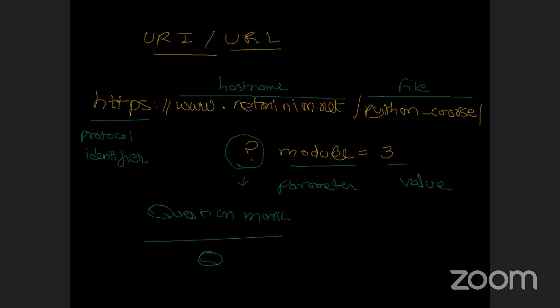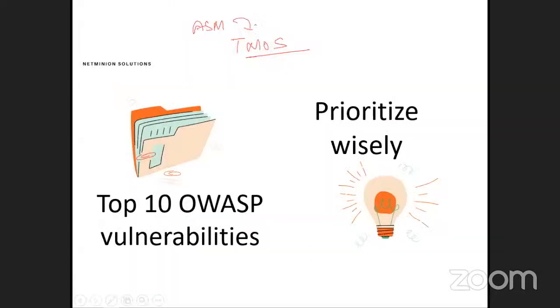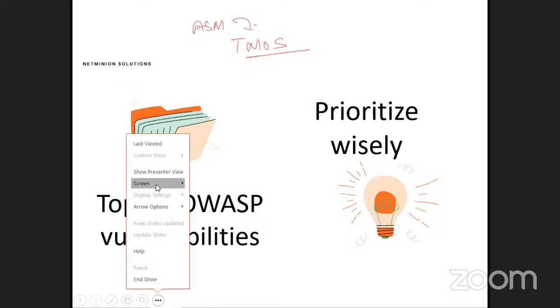This is known as the query string. So as an ASM engineer, or if you are securing HTTP or HTTPS, you should be aware of these very small functionalities of any application. We will come back to this slide later on. Let me first clear this.